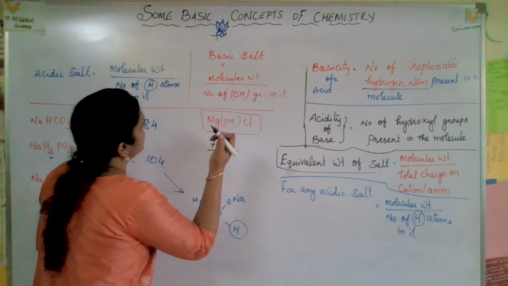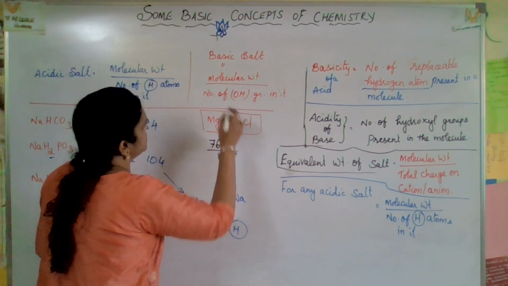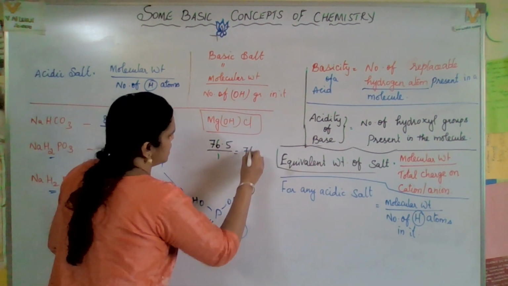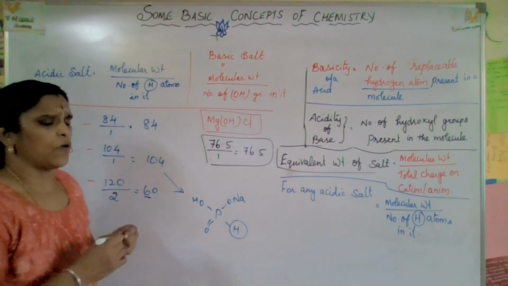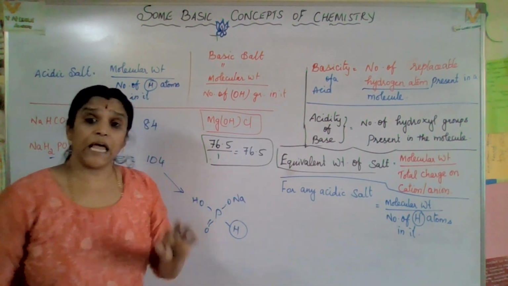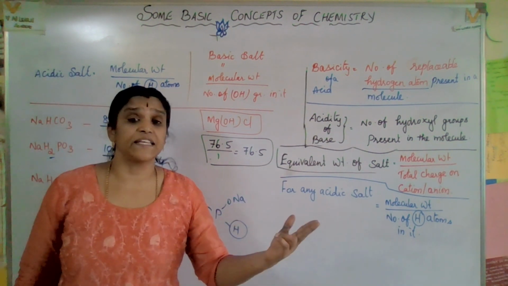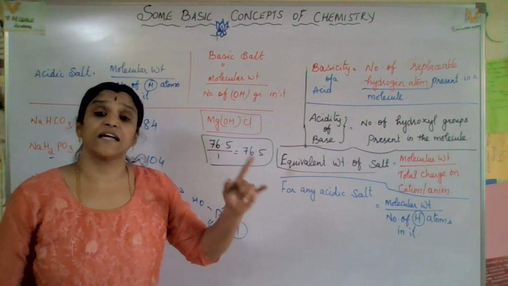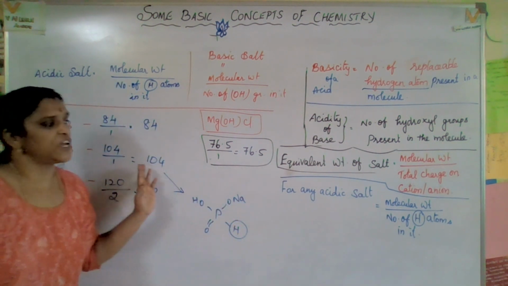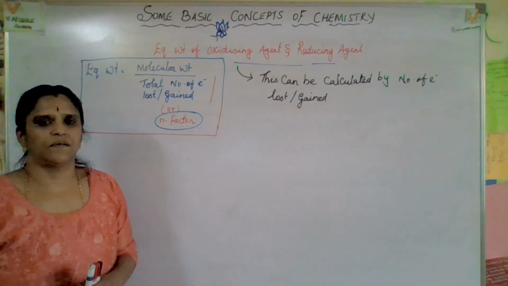So here the equivalent weight of MgOHCl is 76.5 only. Yes. Now let us check the equivalent weight of oxidizing agent and reducing agent. That will also be very interesting and important. Come on, let us check.